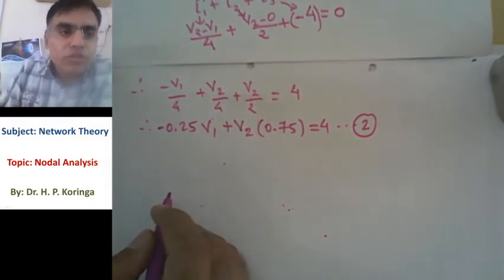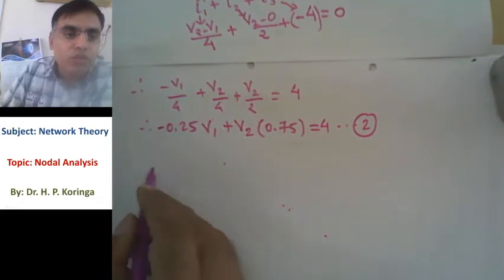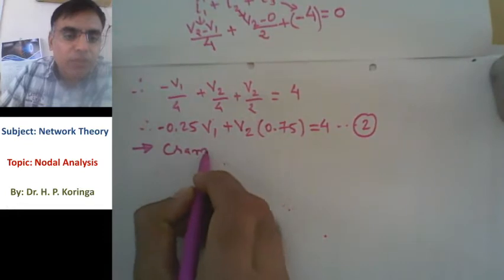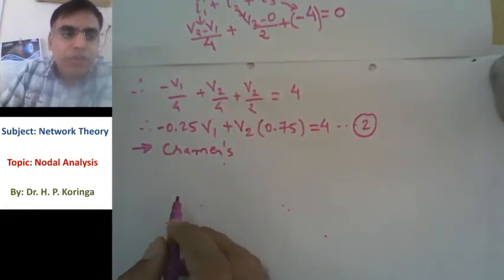Now we can solve these two equations by the elimination method. Also we can solve using Cramer's rule. So let me solve here using Cramer's rule, the matrix method. So how to prepare the matrix?